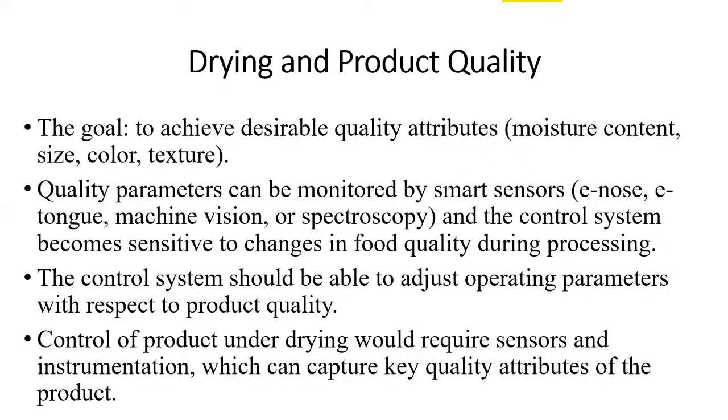We can monitor the appearance of the product, and based on this appearance, we can instruct the controller to adjust the temperature or adjust the humidity inside the drying chamber. And for this, we will require sensors and instrumentation, and we will see later how this system is developed for the drying process.